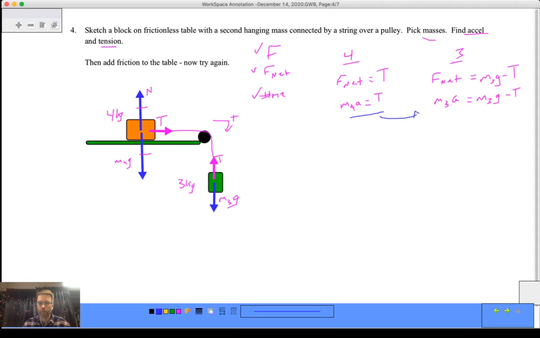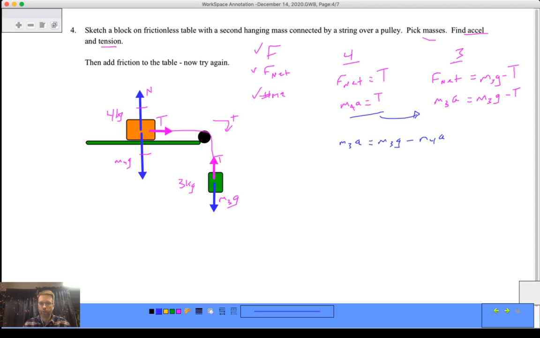So here we go. I've got m3a equals m3g minus, and then I'm going to replace T with m4a. So here we have a tool that we now can use to solve for a.